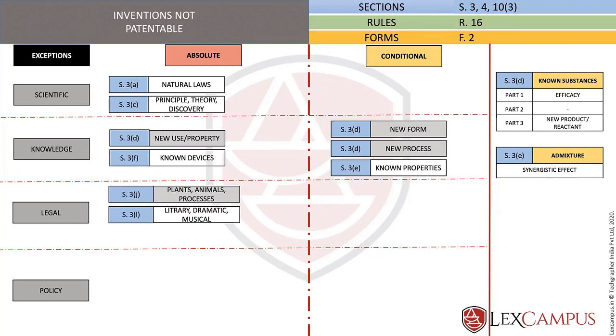Then you have section 3L, which deals with literary, dramatic, musical or artistic work other than aesthetic creation whatsoever, including cinematographic works and television productions. Now again, this is the subject matter of the Copyright Act.